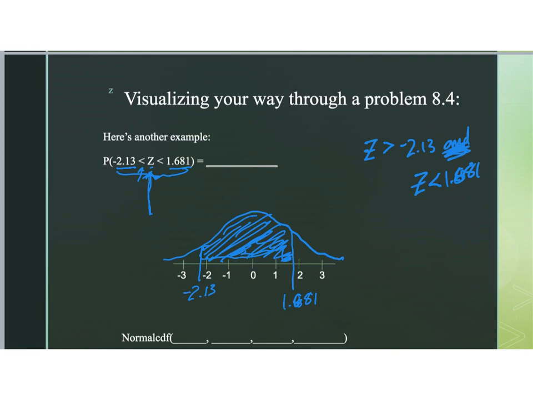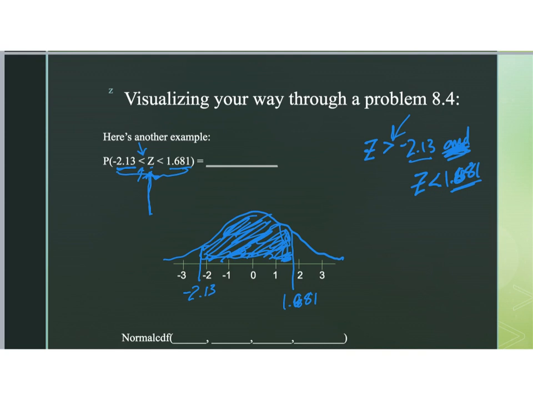In other words, we want the z's that are greater than this number and at the same time stop at this number. They're less than this number. The only numbers that qualify this statement are the numbers in between the two. So even though this is a less than symbol, remember z is to its right, so it's still opening towards z, just like it's opening towards z here. In both cases, z is greater than negative 2.13.